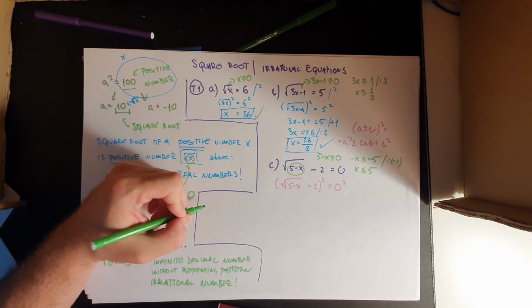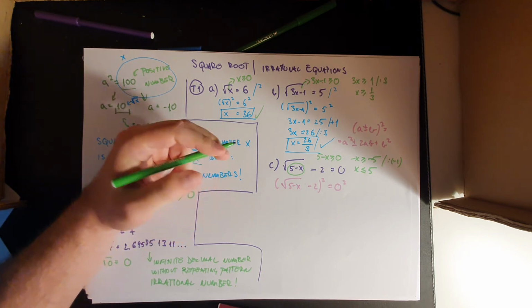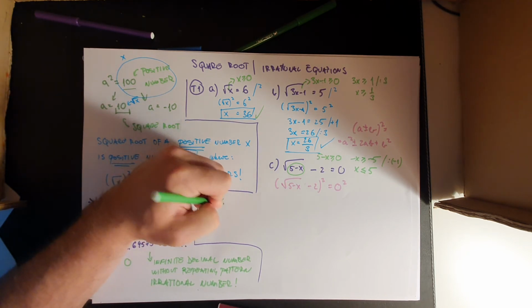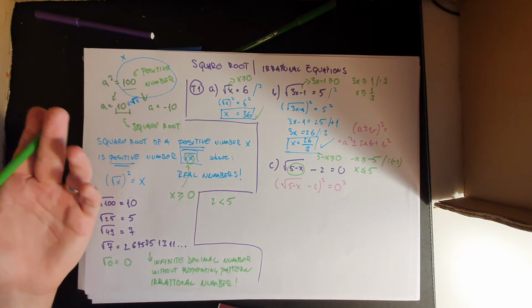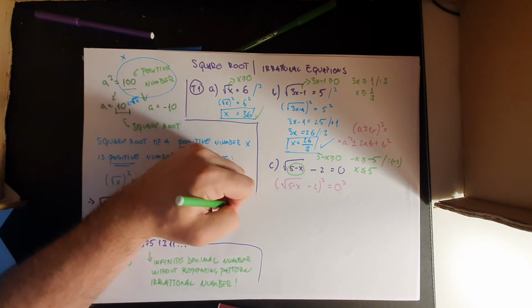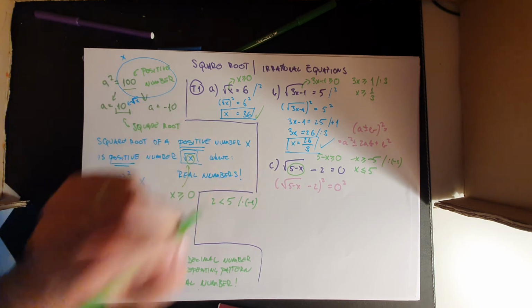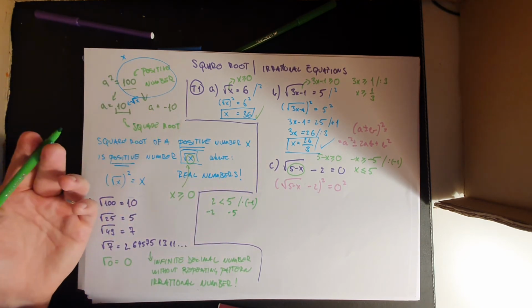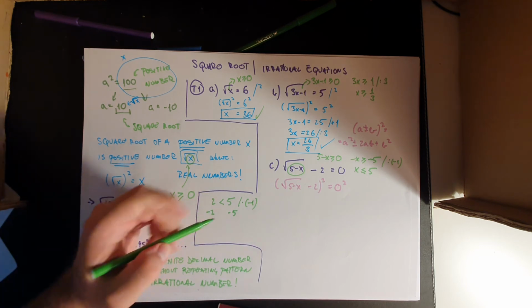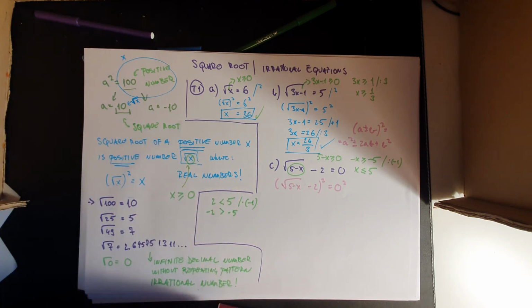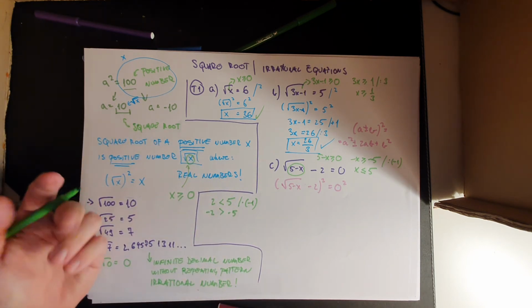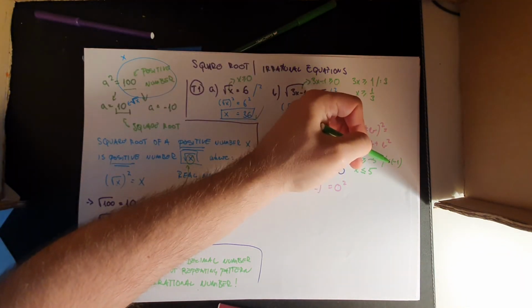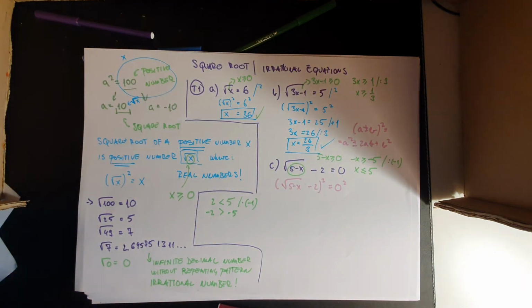If 2 is less than 5, as it should be, and I multiply everything by minus 1, we get minus 2 and minus 5. Now, what's greater? Minus 2 is greater than minus 5. This is the logical idea. So if you multiply or divide by minus 1, the inequality will turn around.